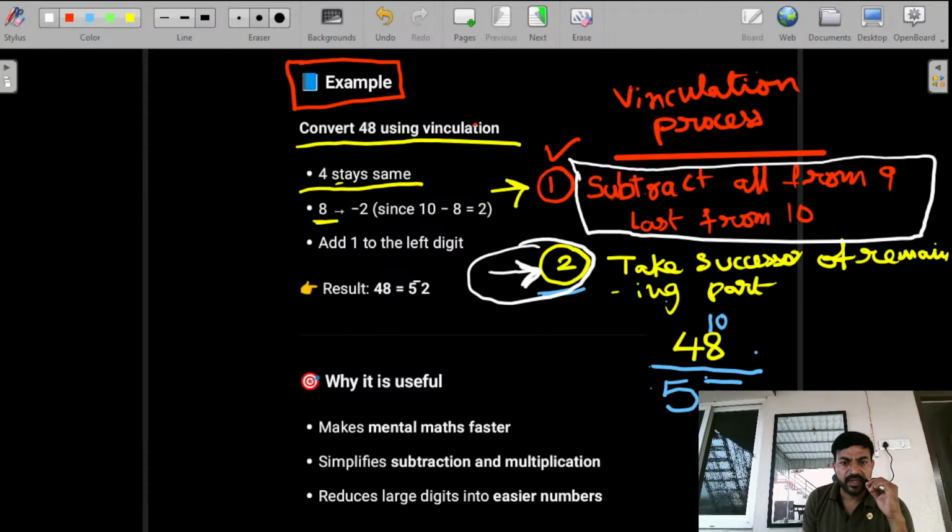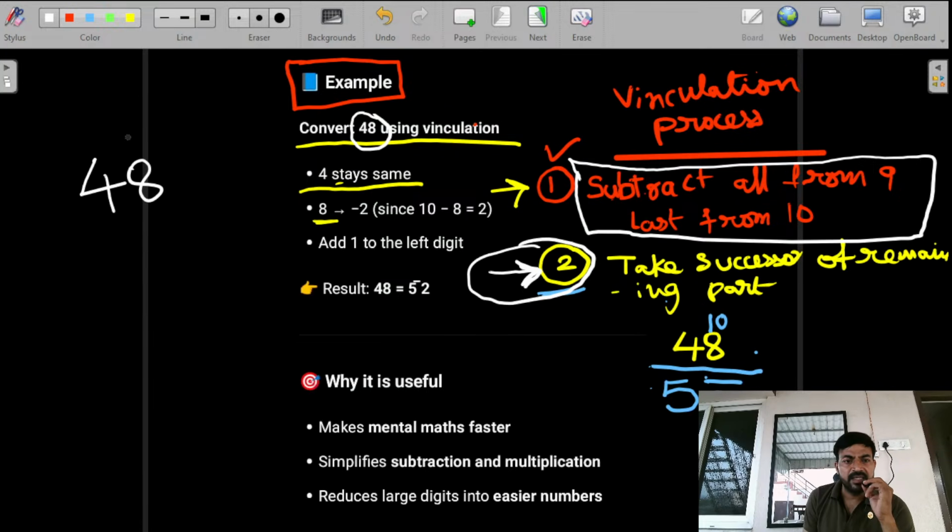So for example, here I gave 48, converting 48 using vinculation process. Remember, in 48, 8 is the higher digit. Generally we vinculate higher digits only: 6, 7, 8, 9.